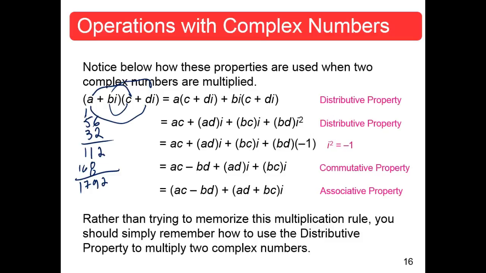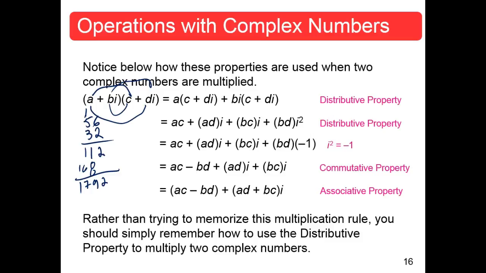Distribute a times the c plus di. That would be your first, and that would be your outer. And then the bi times the c plus di, and that would be the inner, then times the last. And that's exactly what you're doing here. I just set it up differently.